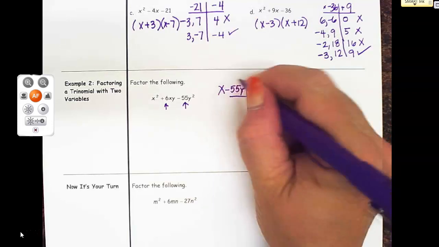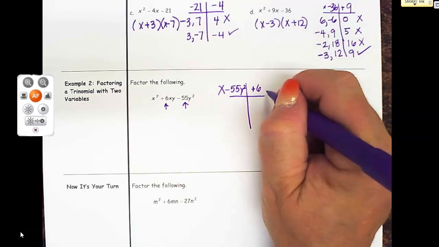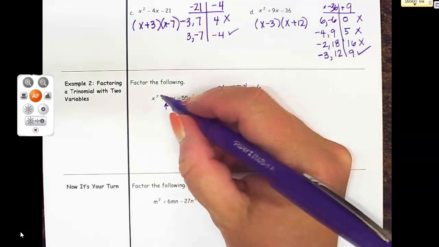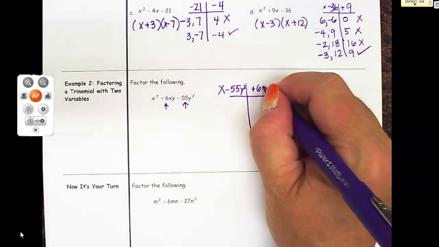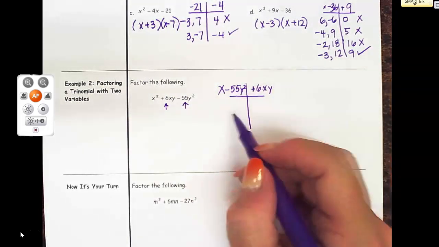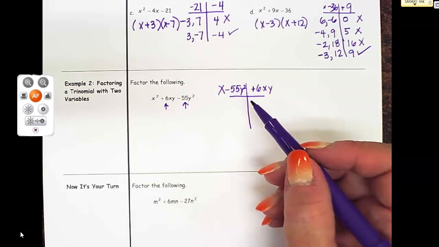So we're trying to multiply to get negative 55. We're going to have them add up to be 6. And we have this x in here at the beginning. So they're going to add up to be 6xy, even though the x isn't going to be part of our multiplication.